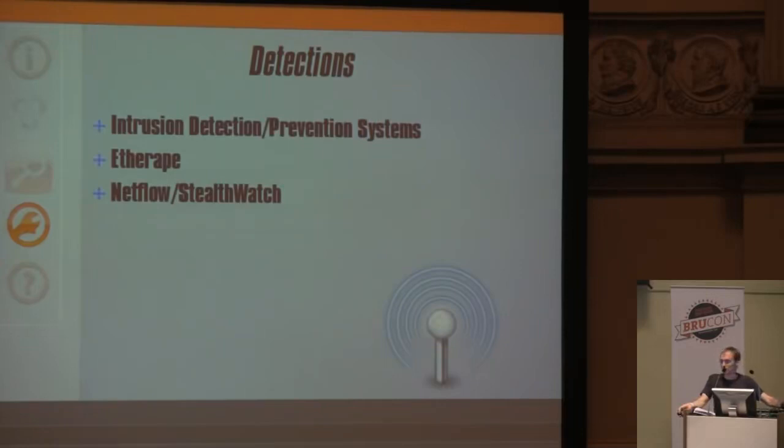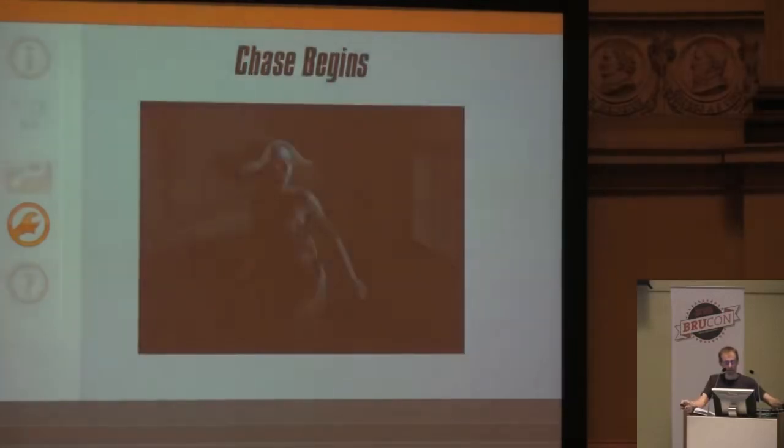They are interested in more active types of discovery, more active types of scans, so they really don't see this sort of activity, and there's not much to worry about with the IPS right now. This means that as an attacker, the chase can begin.